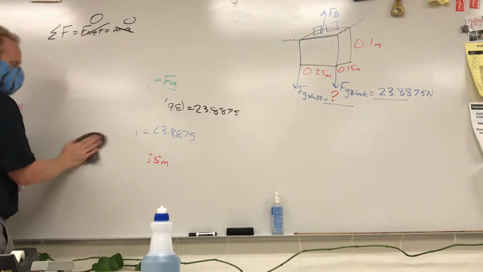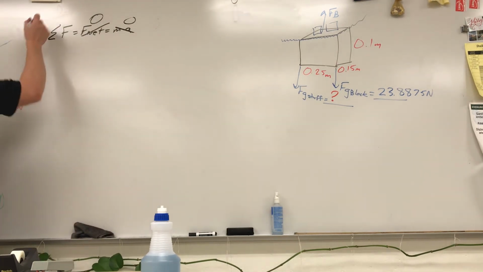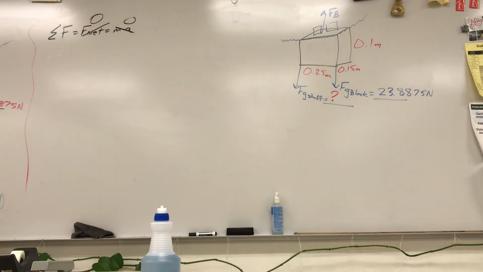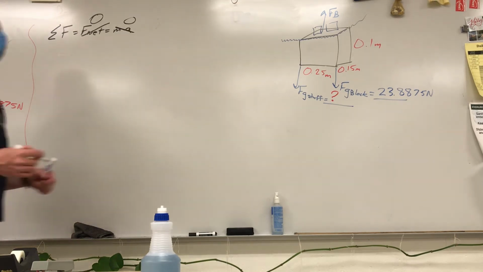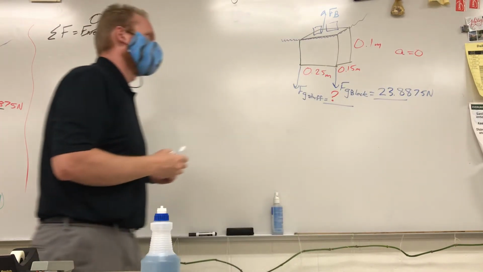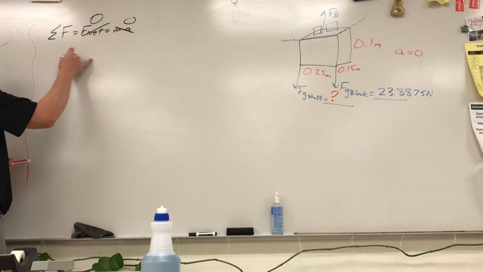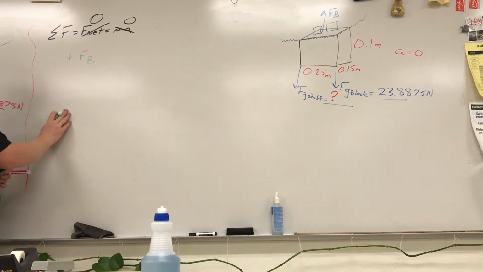I'm going to use Newton's second law, and Newton's second law says the sum of all my forces is equal to F net, which is equal to mass times acceleration, and it's still floating on the surface, therefore my acceleration is still 0. My F net is still 0, therefore my forces are still balanced. That still holds true. But when I do this problem, I add my ups. I add my buoyant force, and that's my only up.